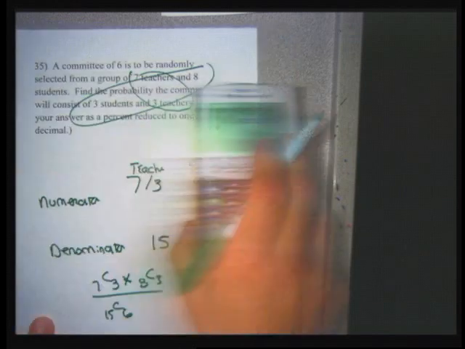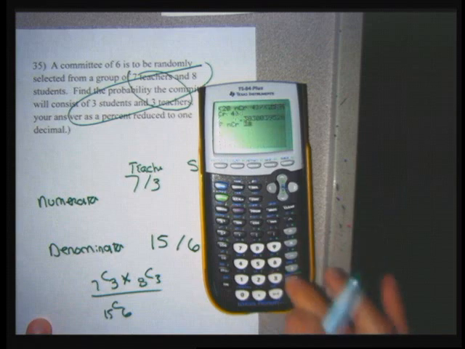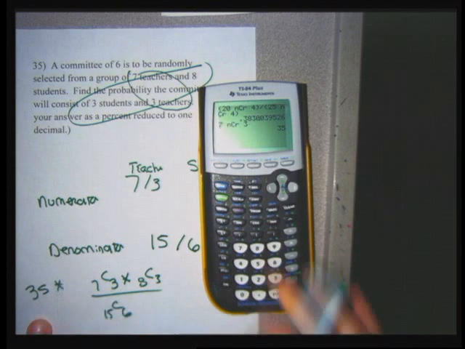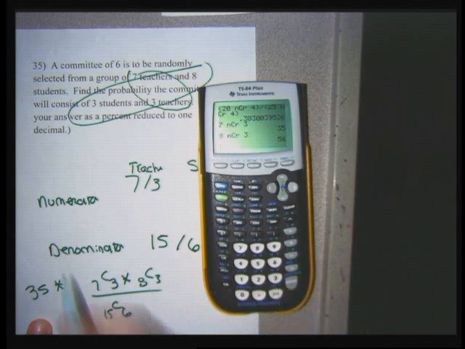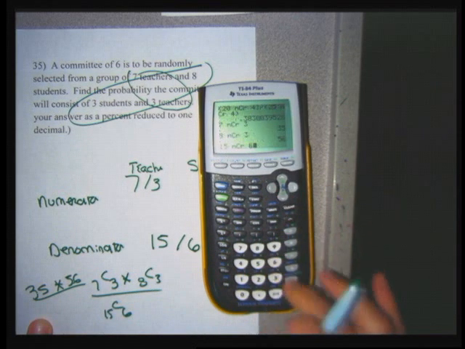I'll do each one of these separately. So I'm going to do 7 math choose 3, which is 35, and then 8 math choose 3, which is 56, and then the denominator 15 math choose 6.